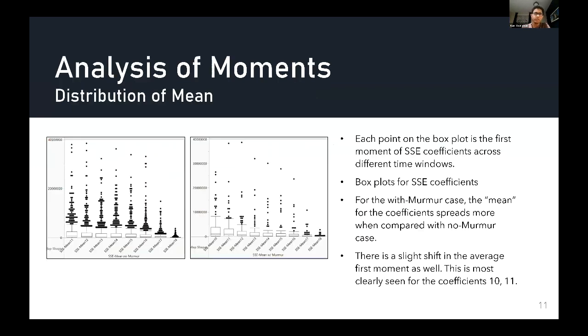These are 2 charts. On the left, we have several box plots of the filter bank energies in a no murmur case. On the right, we have several box plots for filter bank energies in a with murmur case. What we notice going from a no murmur to with murmur case is that the distribution of these moments shifts. This is noticed in the mean.